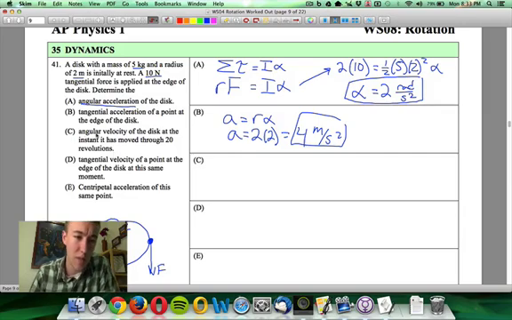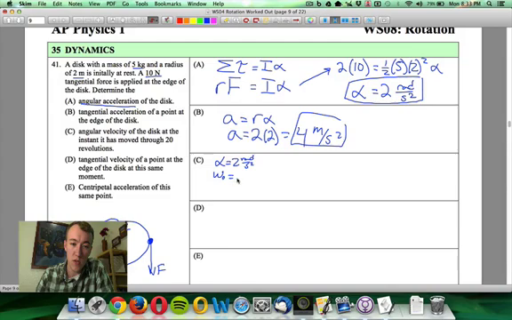Part C says, what is the angular velocity of the disk the instant it has moved through 20 revolutions? Some of that rotational kinematics we struggled with earlier. What do we know? We know that the angular acceleration is 2 radians per second squared. We know that it starts from rest, so the initial angular velocity is 0 radians per second. It goes through 20 revolutions.